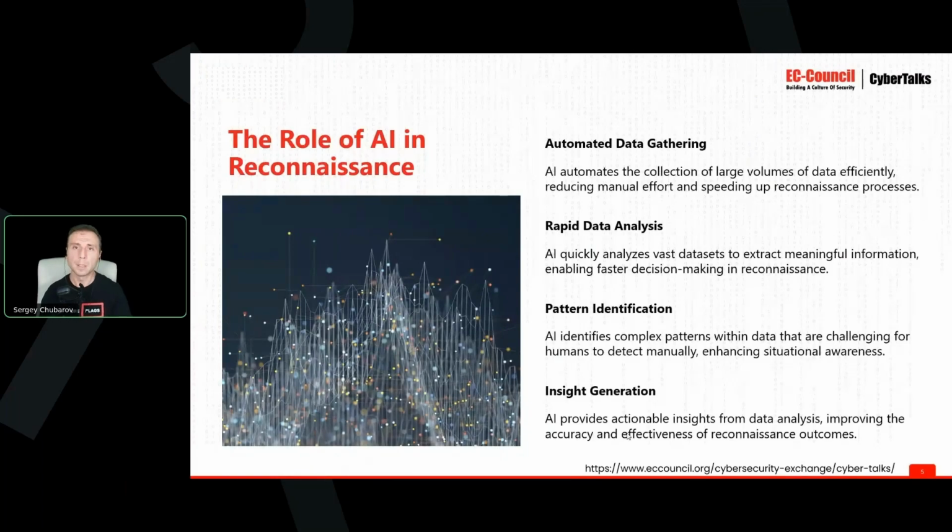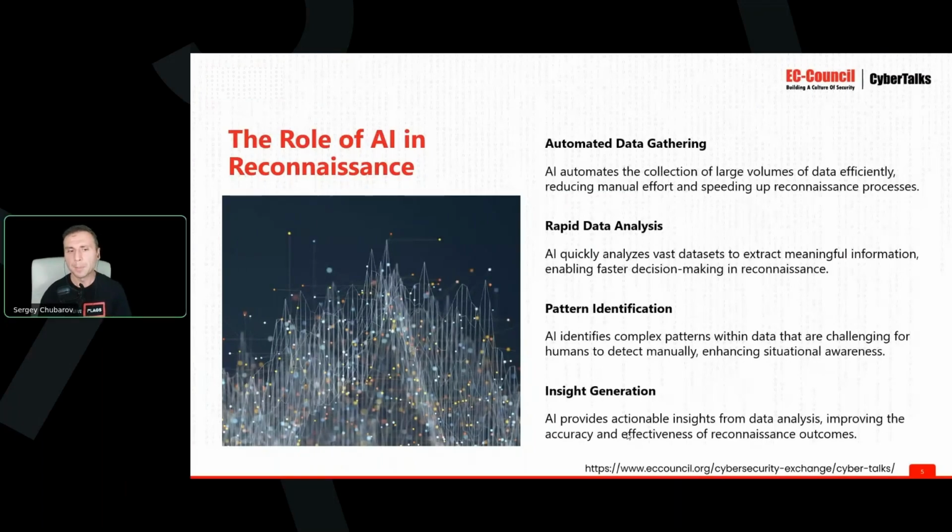I don't want to say AI is smarter, it's not always like that, but AI can do repeatable operations much faster. It's just a machine, and for machines it's easier to absorb lots of information and process it compared to a human. So AI quickly analyzes vast data sets to extract meaningful information, enabling fast decision making in reconnaissance.